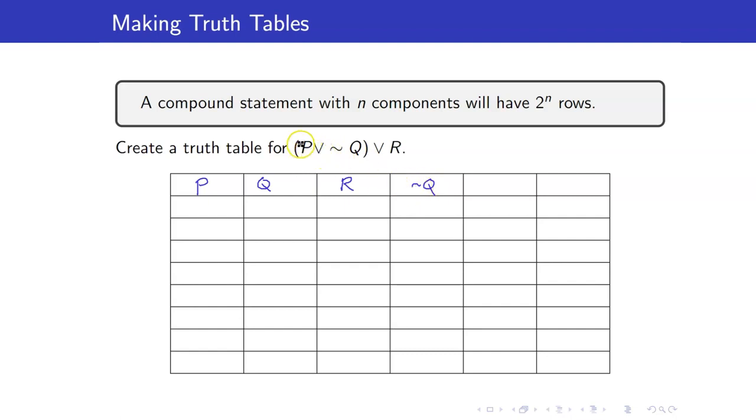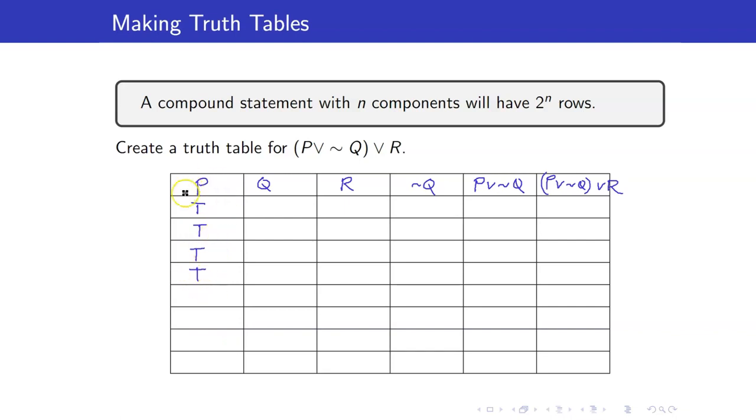And then once we have that, we will be needing a column for P or not Q. And then lastly, for the entire P or not Q or R.